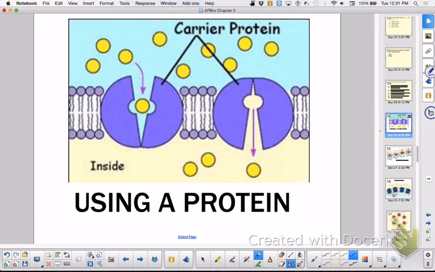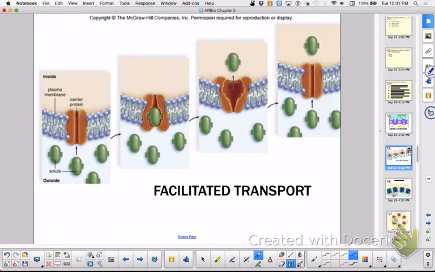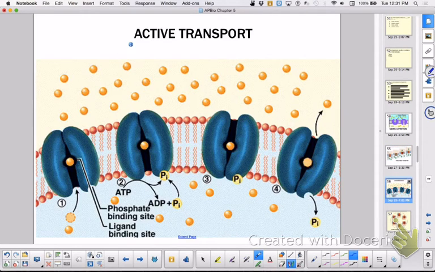You can use a protein, and it's called facilitated if whatever you're moving using a protein is going what? With the gradient. Good. If you're going against the gradient, it's called active transport, and our best example of that is the sodium potassium pump, which pumps 3 sodiums out for every 2 potassiums in.